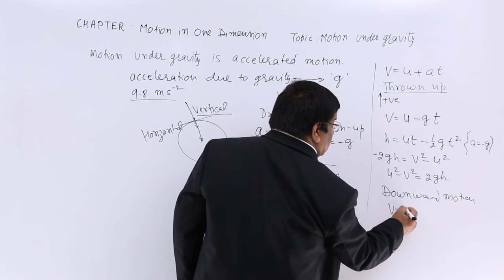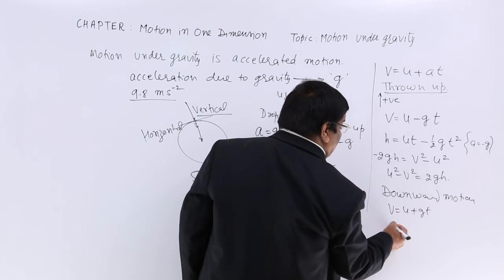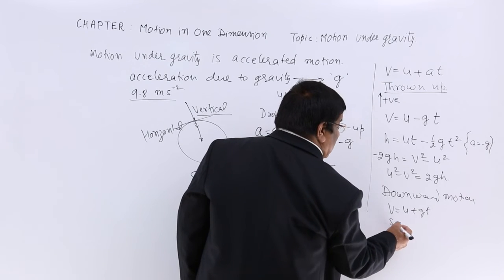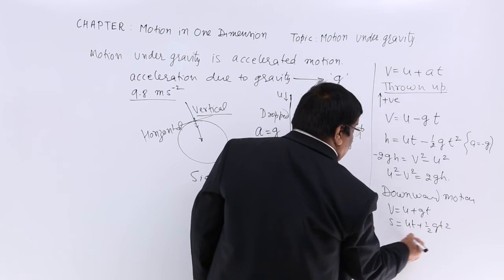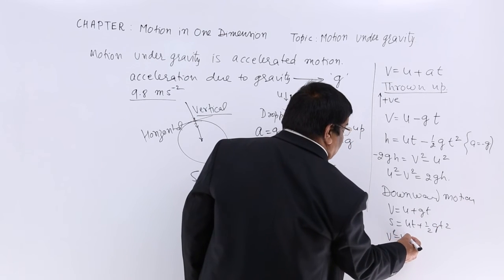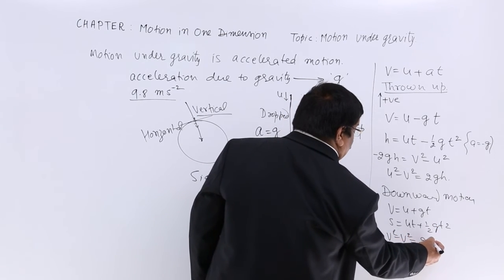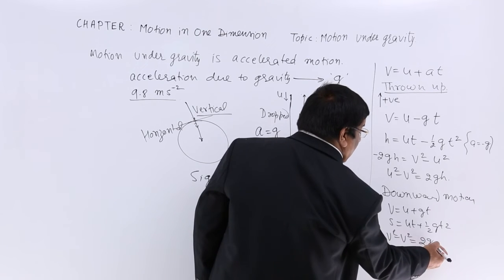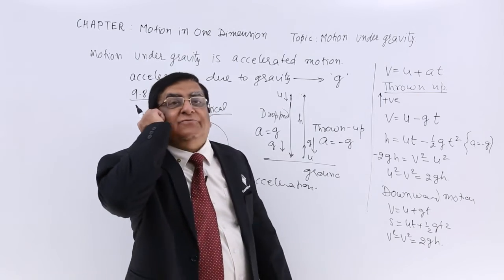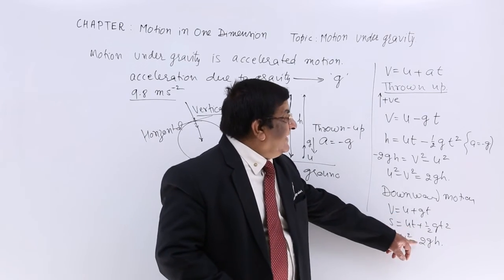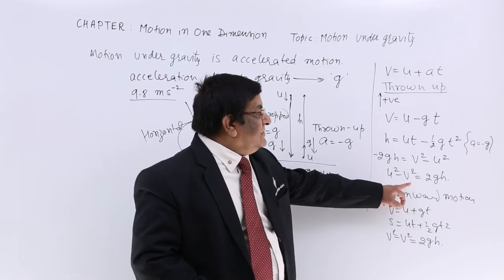This will be v is equal to u plus gt, s or h is equal to ut plus half gt square, and v square minus u square is equal to 2gh. Okay, the signs have changed. If you put minus here, you get these three equations.